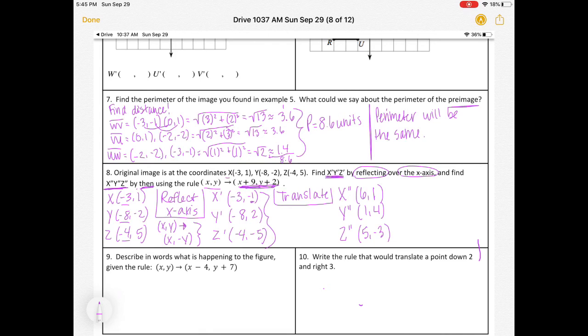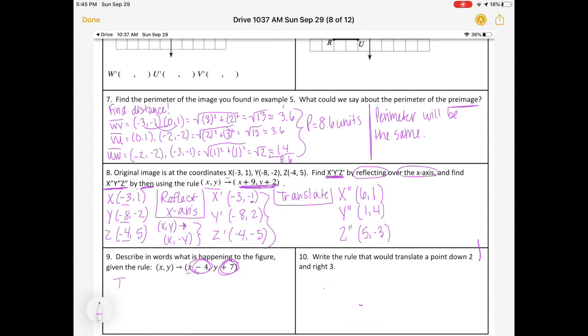Okay. All right, 9 and 10. 9 is super easy. So describing in words, what is happening to the figure given the rule x comma y transforms to x minus 4, y plus 7. So if you're describing in words, they just want you to tell what does this mean and what does this mean, okay? So x minus 4, well that tells us, think x is left or right.